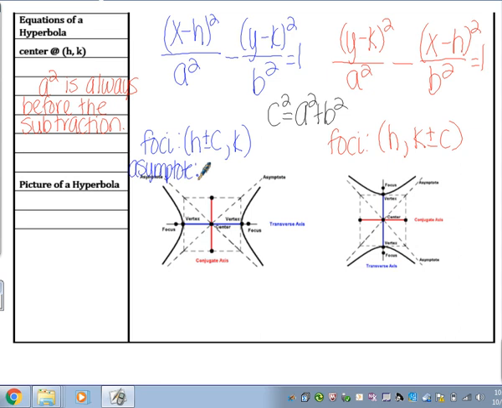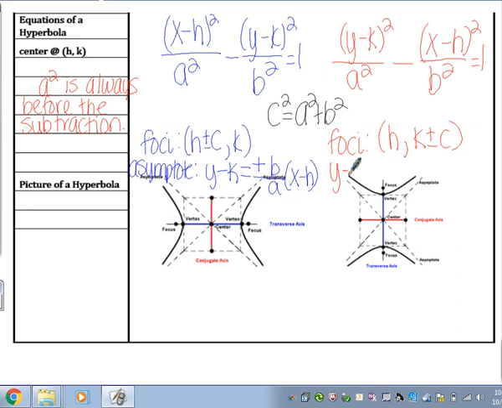So your asymptote here is y minus k equals plus or minus b over a, parentheses, x minus h. And I'm going to show you how to remember it, or, well, you have your own ways. This is how I remembered it.